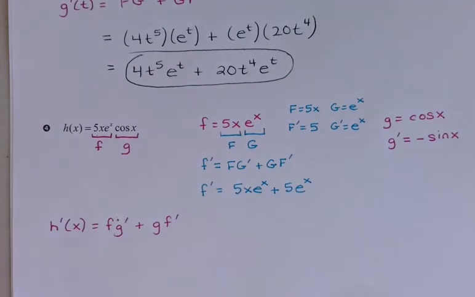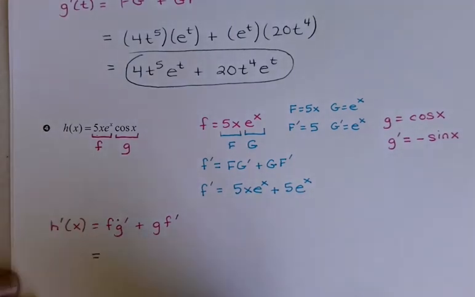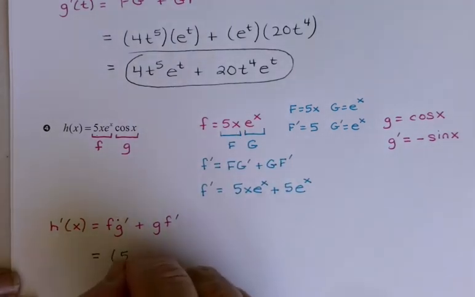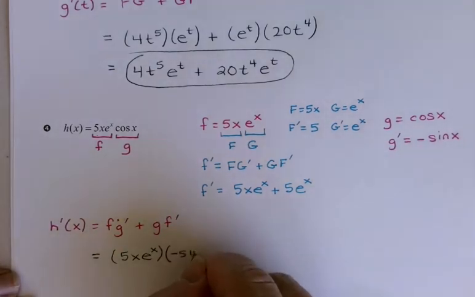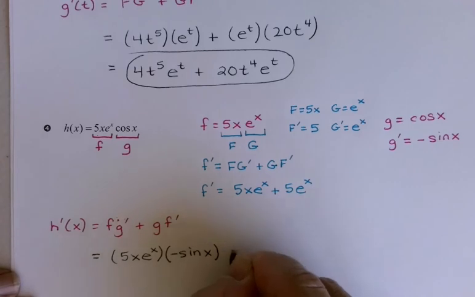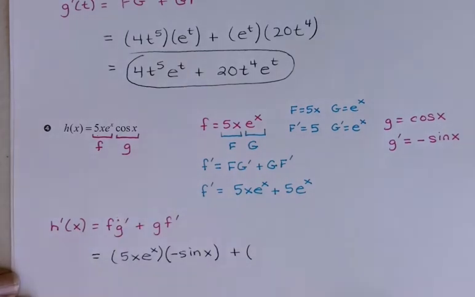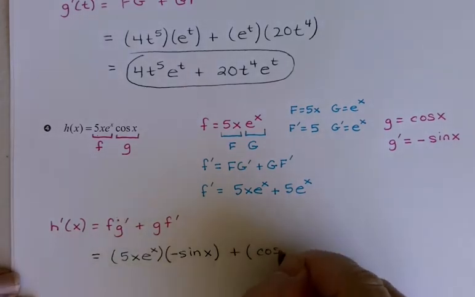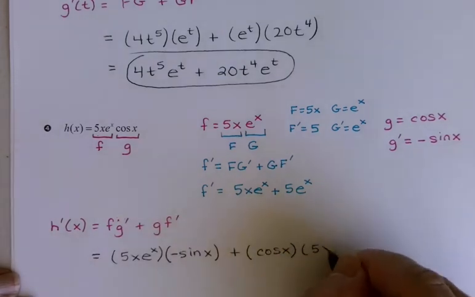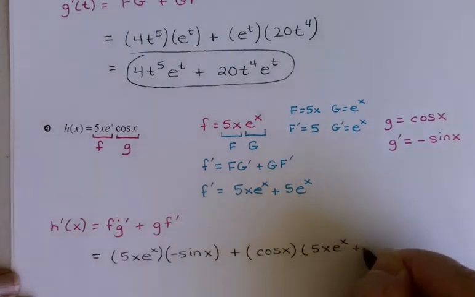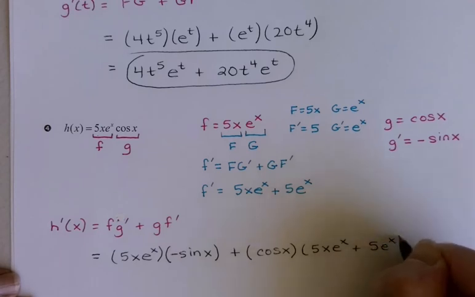All right, I'm going to fill everything in here. f was 5x e to the x, and g prime was the opposite of sine x. g was cosine x, and little f prime was this whole thing, 5x e to the x plus 5e to the x.